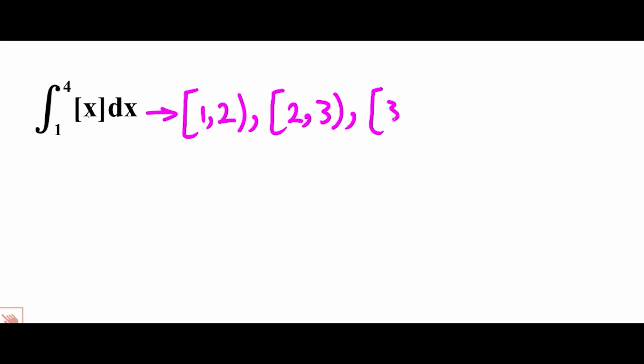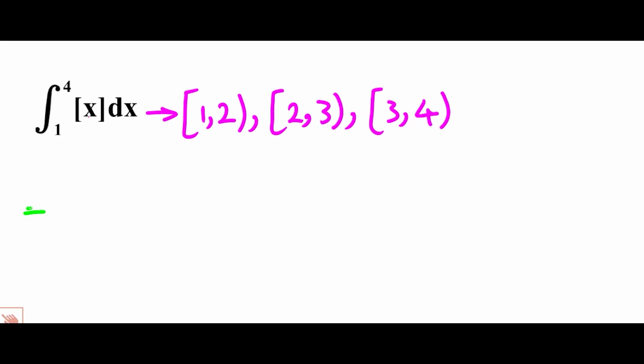Number 2, the integral of the floor of x dx from 1 to 4. We split into intervals where the floor of x is constant. So we have 1 to 2, 2 to 3, 3 to 4, right?